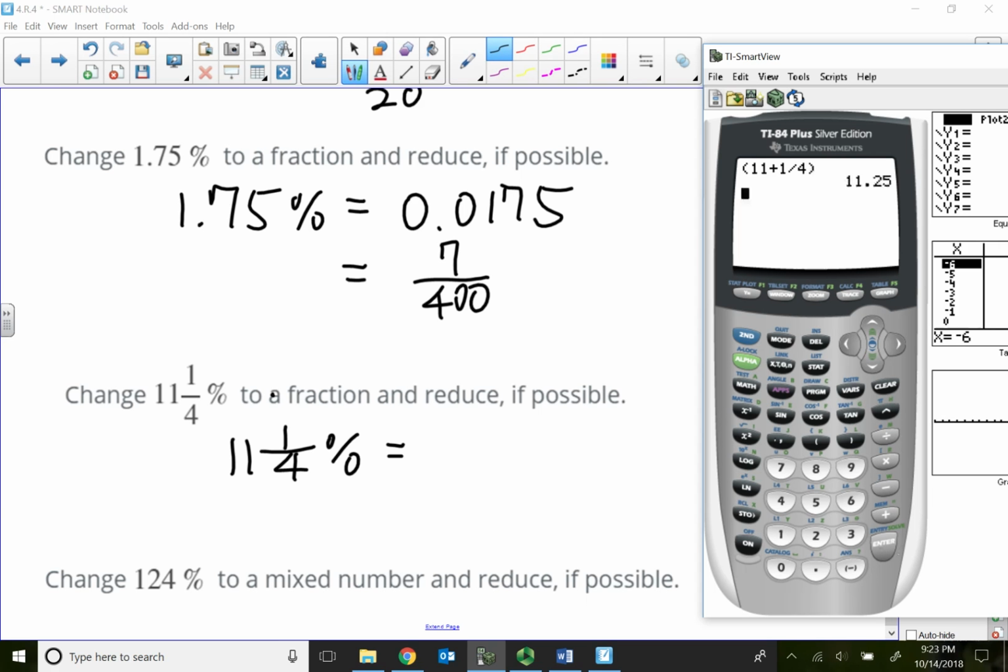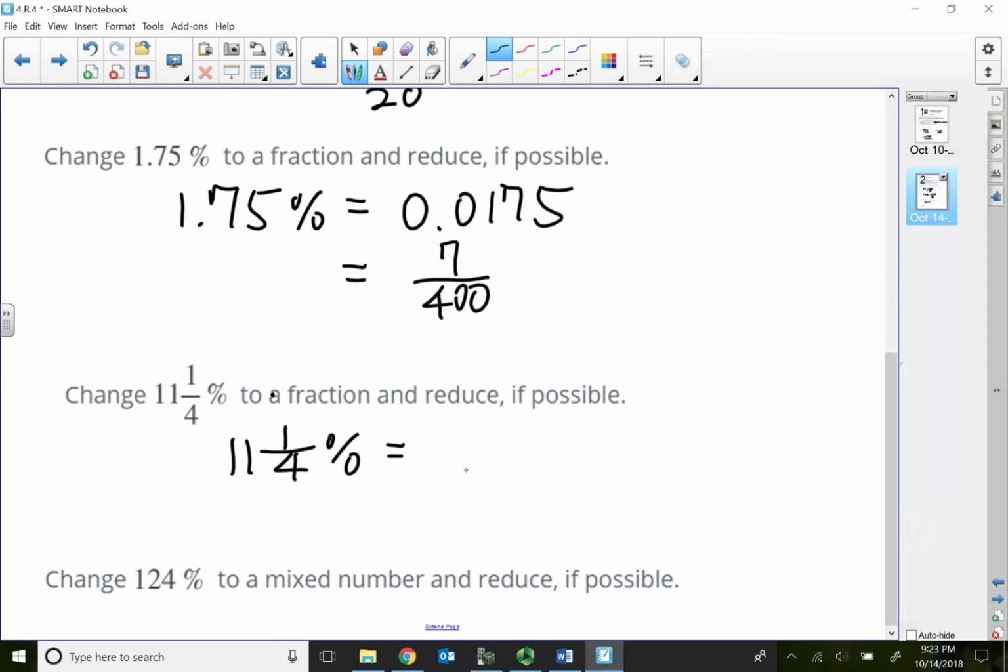If I press enter and convert into a fraction, that's 45 over 4, which is not the final answer, because I actually never divided by 100. In order to get rid of the percent, you have to remember to type in divided by 100 in the calculator. So the actual decimal answer is not 11.25, but 0.1125.